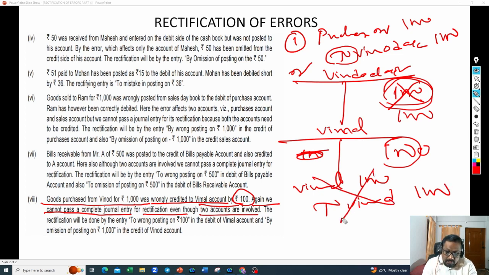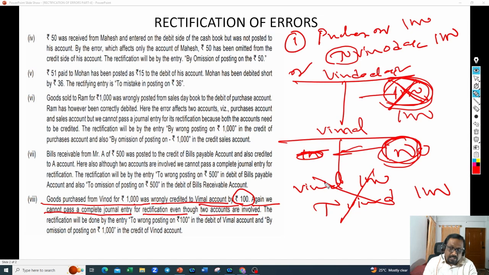But in this case, what happened? Vinod account was not credited with 1000, but Vimal account was credited with 100 rupees. Since it is credited with 100 rupees, you need to rectify each with a different amount. So you cannot post a complete entry by debiting one account and crediting another.